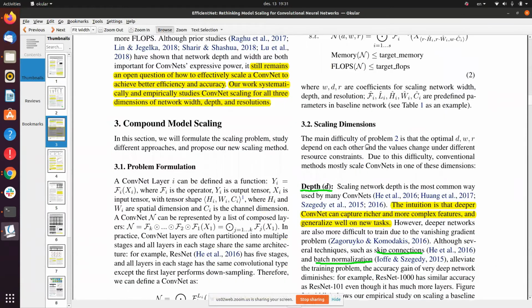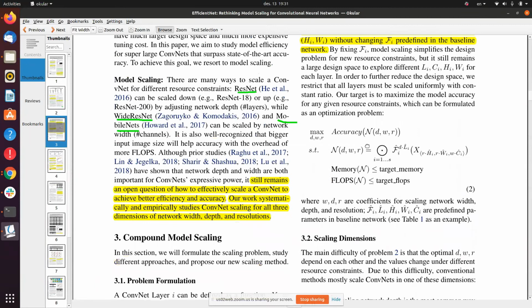Once you have this problem formulation, if you want to improve the accuracy, the parameters we need to pass are: what is the depth, I mean how many layers do we want to design? Next, what is the width, how many units or neurons in each layer do we want to pass? Again, the resolution: how much resolution do we want to use?